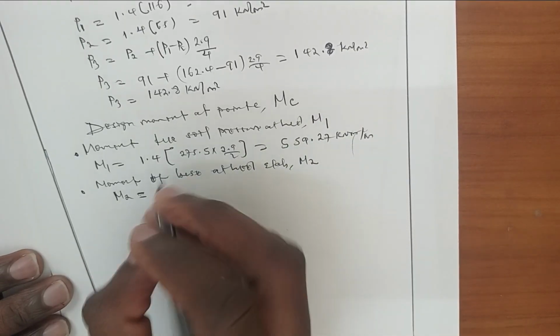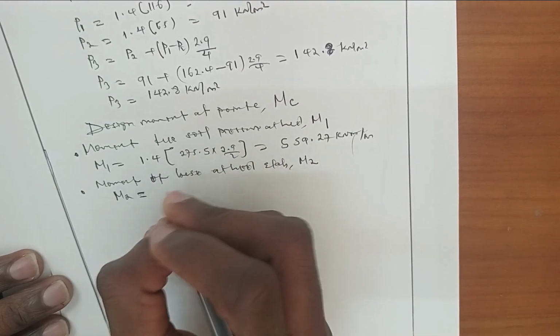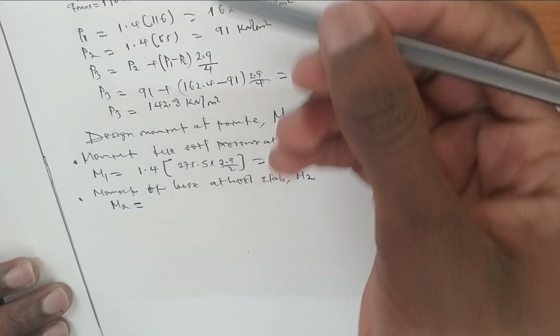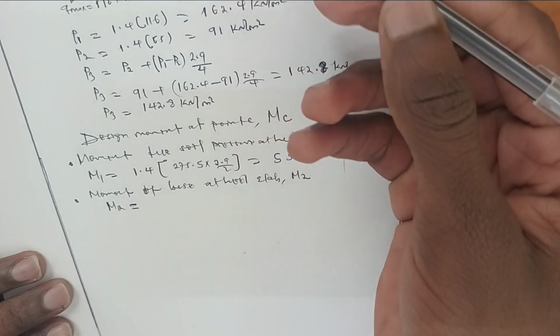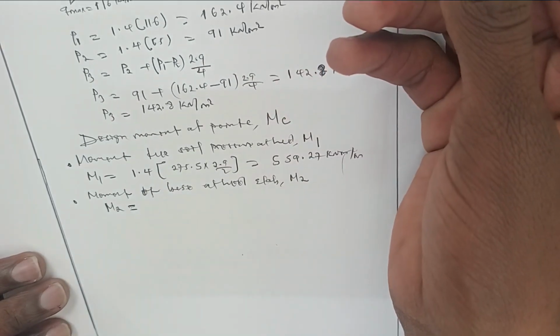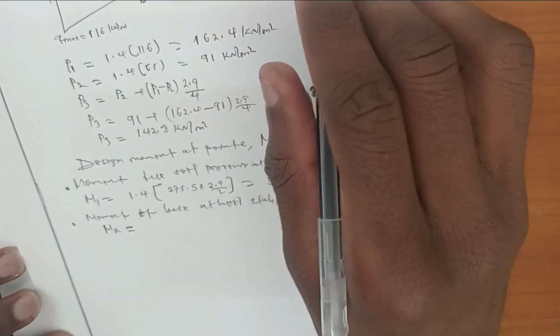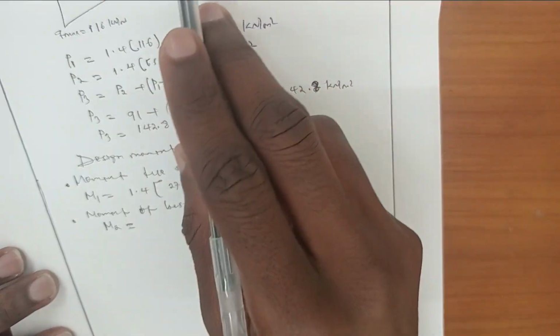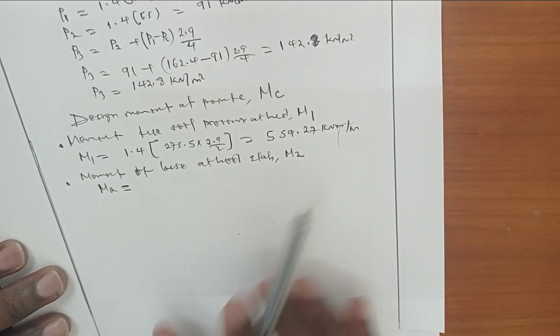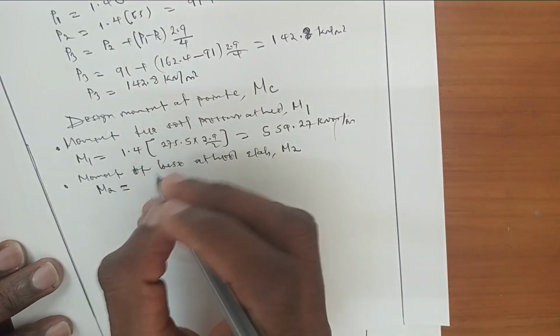So its maximum moment will be equal to the weight of base times the perpendicular distance, times the factor of safety. So we sum to obtain the design moment.